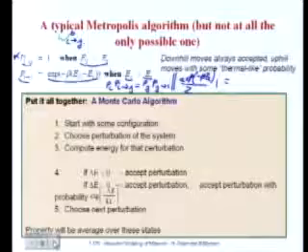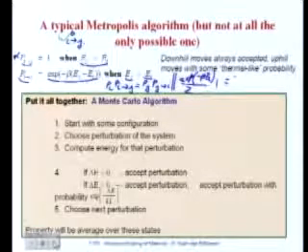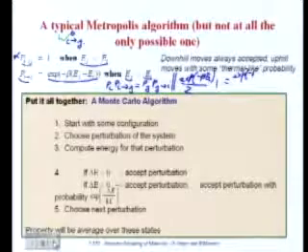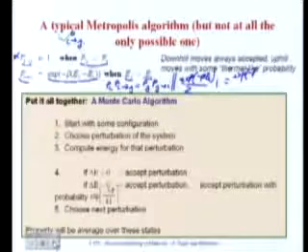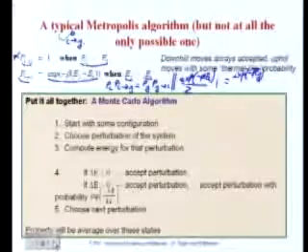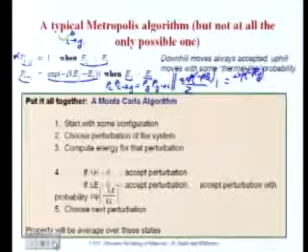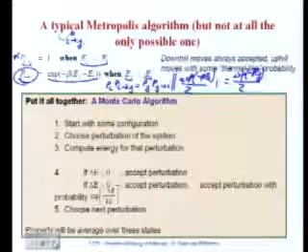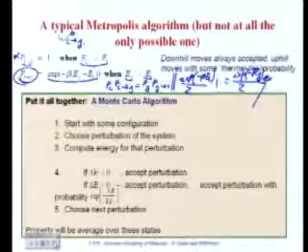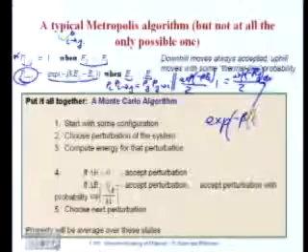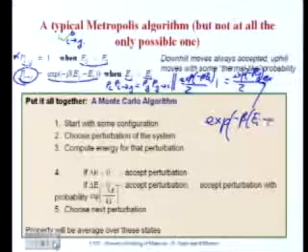That has to equal pj, which is the exponential of minus beta Ej over Z, times P(j to i), which is the exponential of minus beta (Ei minus Ej).